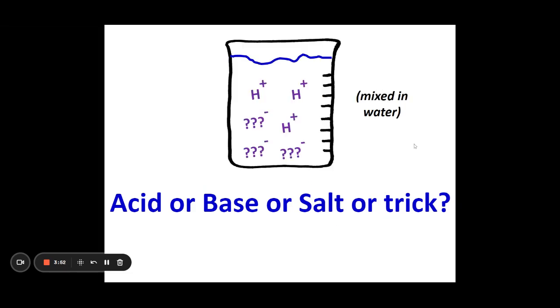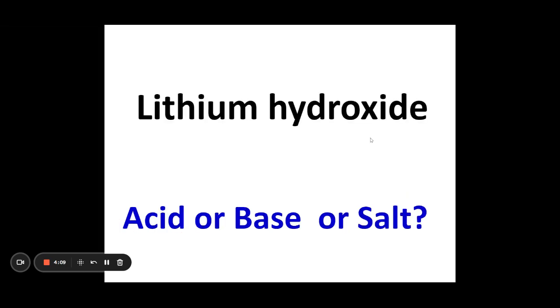Okay, we got a solution that produces some kind of negative ions and a bunch of H plus ions mixed in water. Acid, base, salt, or a trick? This one is an acid because the definition of an acid is something that makes H plus ions in solution. So this has to be an acid.